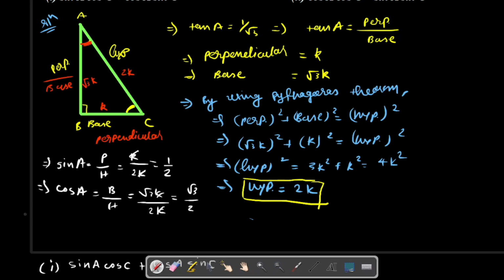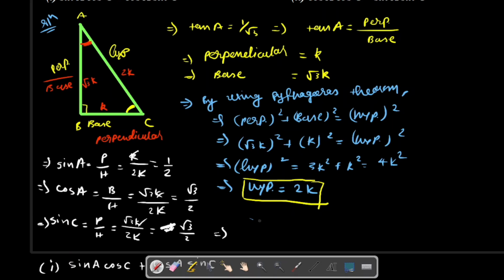Similarly, sin C is perpendicular upon hypotenuse. For angle C, the perpendicular becomes the base and the base becomes the perpendicular. So here the perpendicular is root 3K and the hypotenuse is 2K, so K cancels out and the value becomes root 3 upon 2, right?